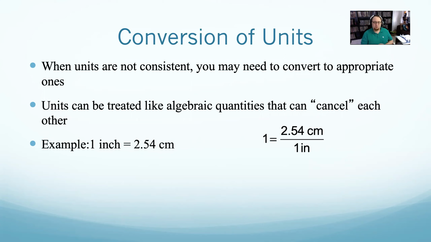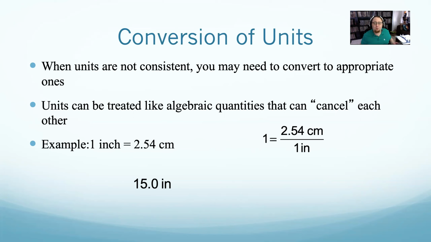If I give you a value and you want to convert it, you start with what that value is. Let's say something is 15 inches long. What is that in centimeters? Let's do that as an example problem. We'd start just by saying 15 inches long. And I want to not change the value, so I'm going to multiply it by 1.